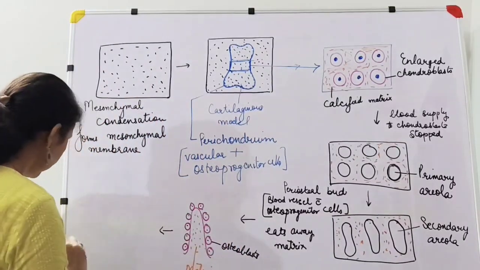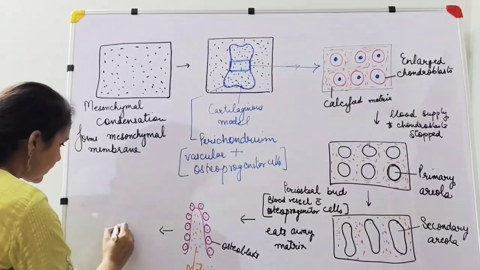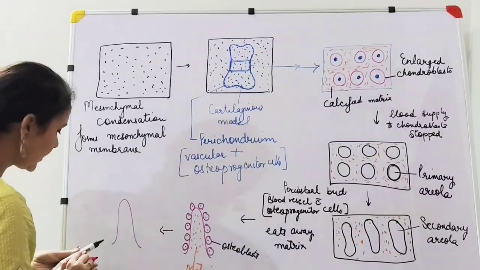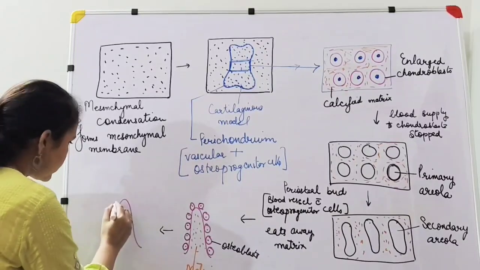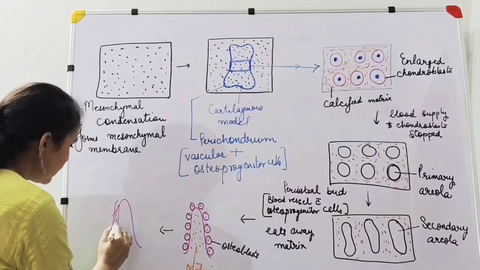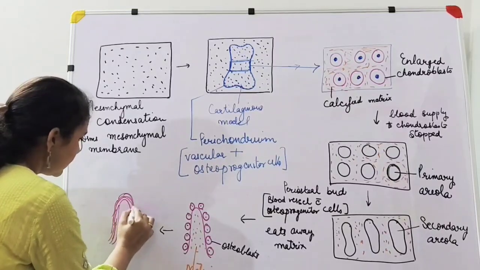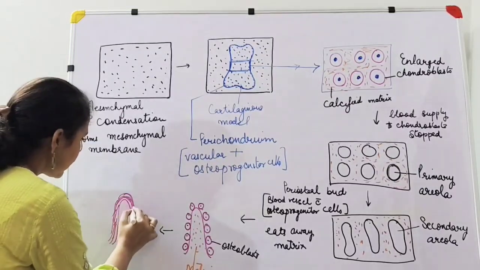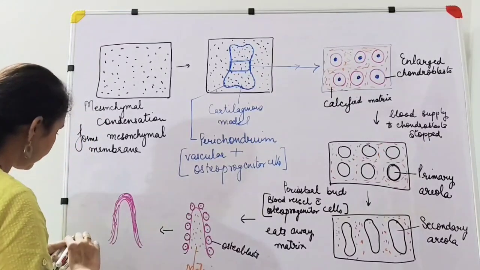So we can draw them very easily here. This is the matrix, then these osteoblasts have laid down the collagen, the ossein fibers. Ossein is a special protein found in the bones. So these are the ossein fibers.